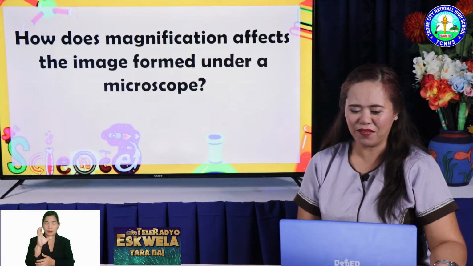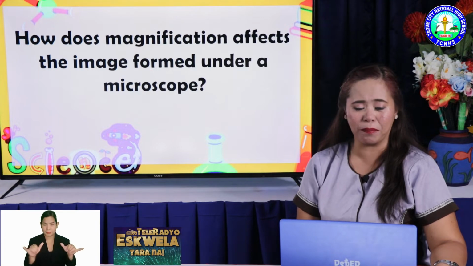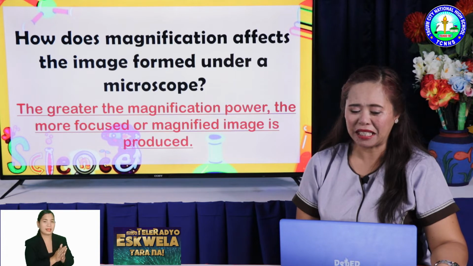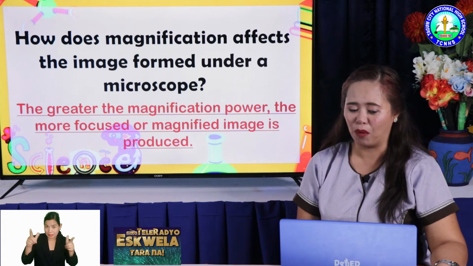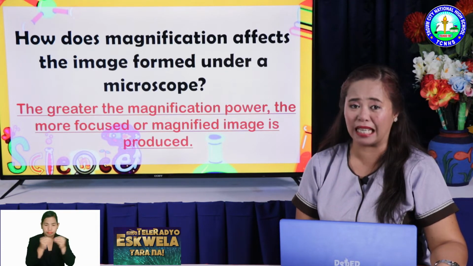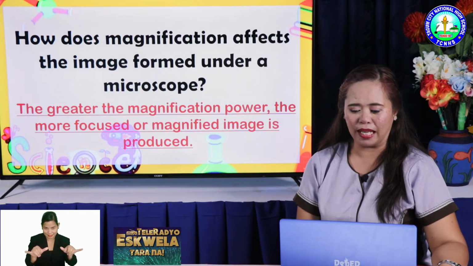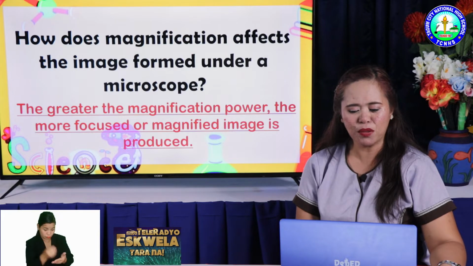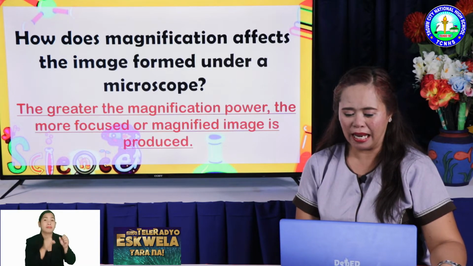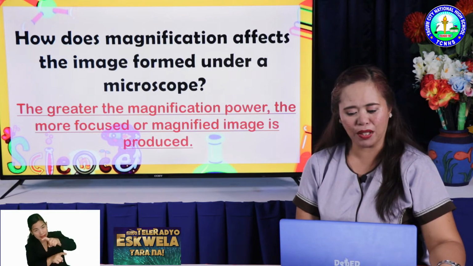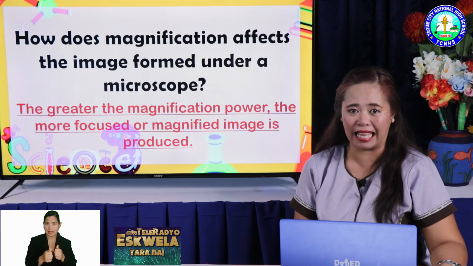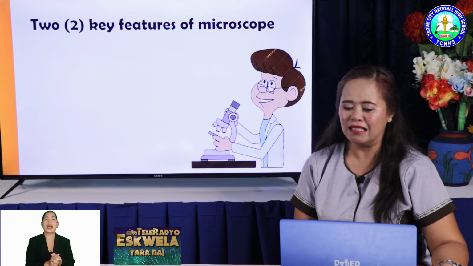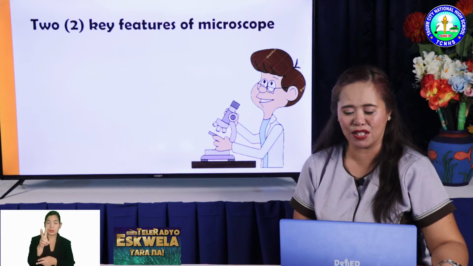How does magnification affect the image formed under a microscope? The answer? The greater the magnification power, the more focused or magnified image is produced. Take note that when viewing a specimen under a microscope, the image would appear upside down or backwards compared to what is seen in the glass slide. The two key features of microscope are resolution and magnification.